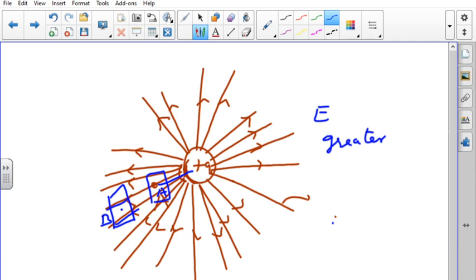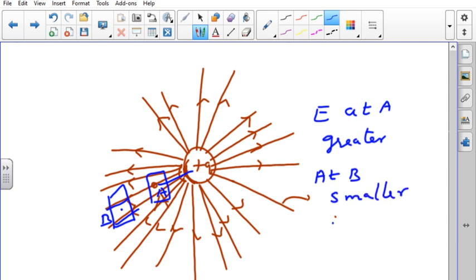So at A the electric field, or the number of field lines crossing the given area, is greater, but at B it is smaller; only fewer lines are crossing.